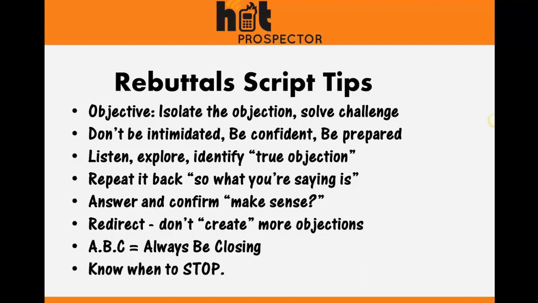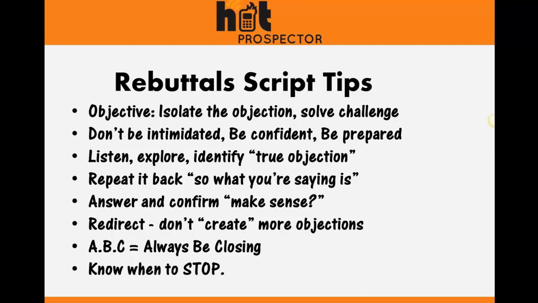Best way to do that is, I'm sorry, I skipped. Let me go up one. Repeat it back. Repeat it back. So I like to find out exactly what the objection is first. After I've identified the true objection, I'll repeat it back. So what you're saying is, the real reason why you're not able to make this today is because of, fill in the blank.